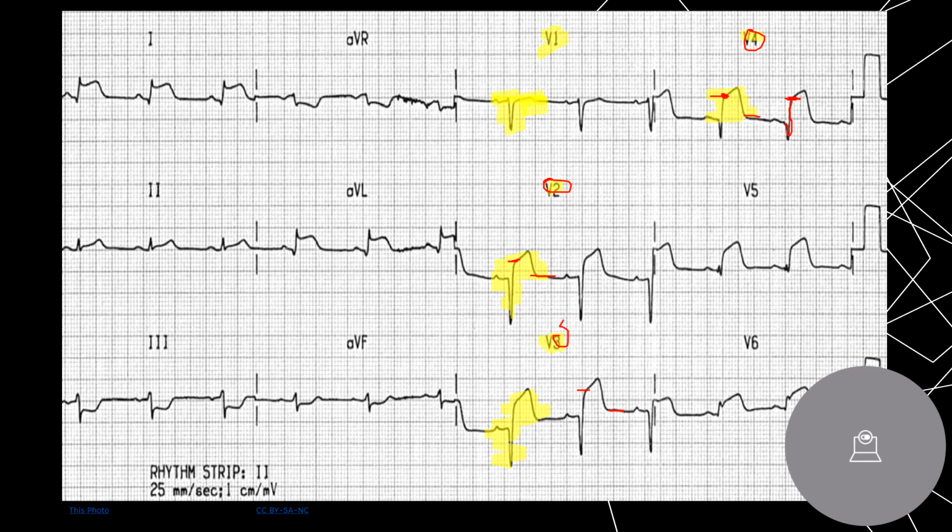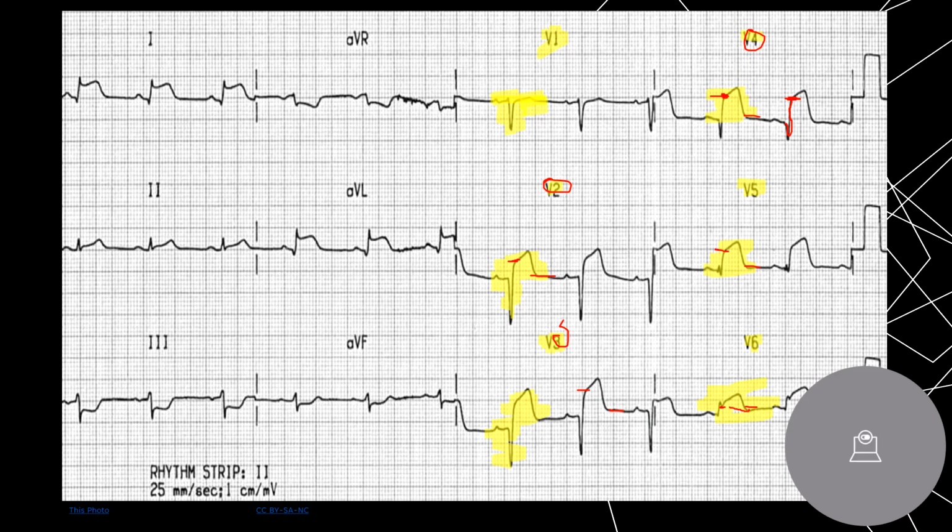Now let's look at the lateral leads. Let's go low lateral, V5, V6. All right, look at one full complex. V5, baseline, J point. Baseline, change of direction right here, guys, J point.